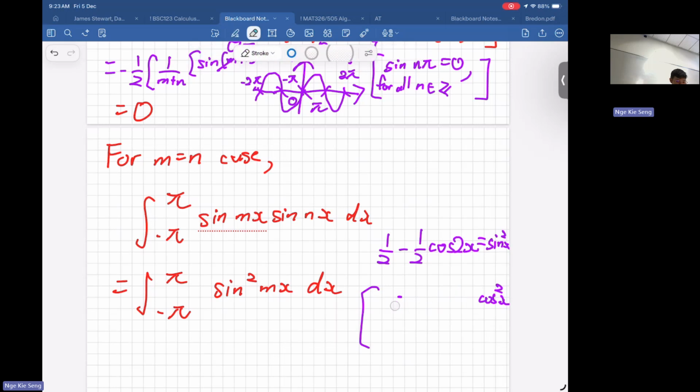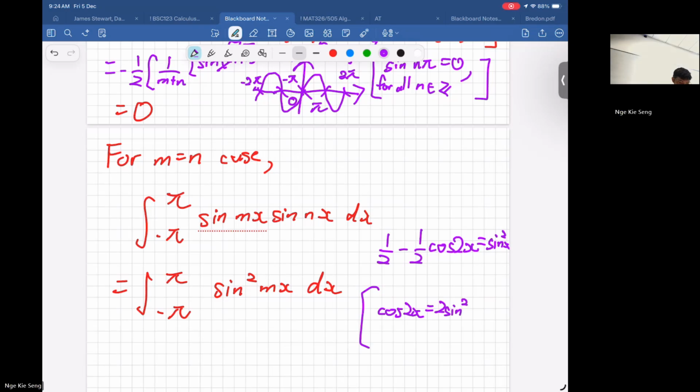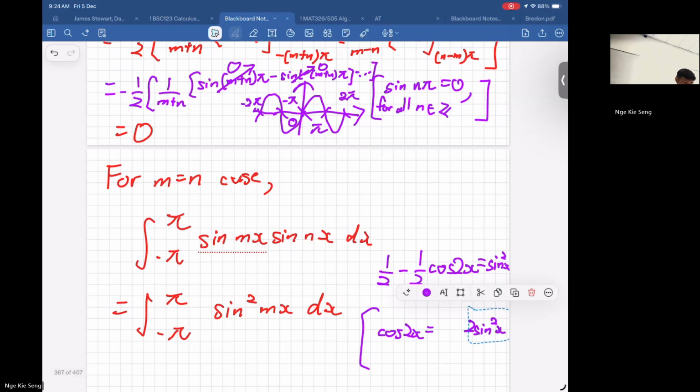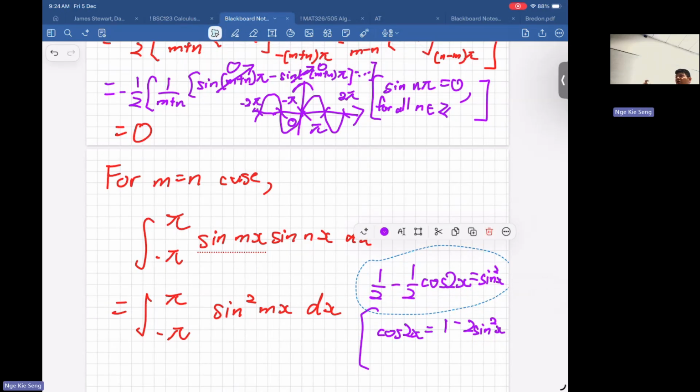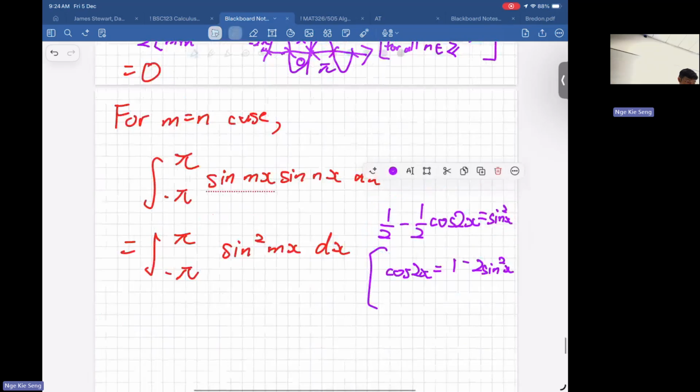Yeah, I think this looks right, so cos 2x equals 1 minus 2 sine square x. Okay, we're going to use this. This will bring your power down. Although we swap to cos, we know how to integrate cos, so this will help us reduce the power.